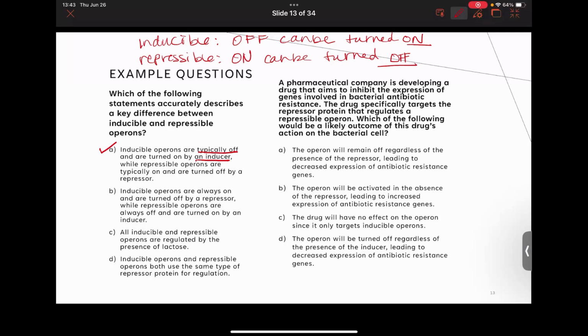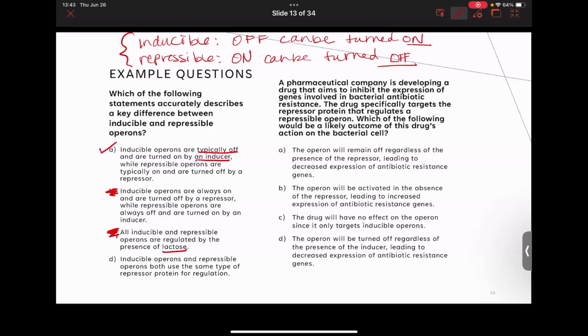Are inducible operons always on? Well, according to my little mini note up here, no. So I'm already knocking that one out. All inducible and repressible operons are regulated by lactose. Common choice from people. Don't get mixed up, okay? The lac operon is an inducible operon. It's not repressible.